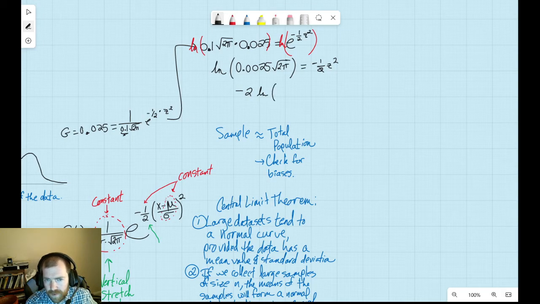Natural log of 0.025 square root 2 pi equals z squared.